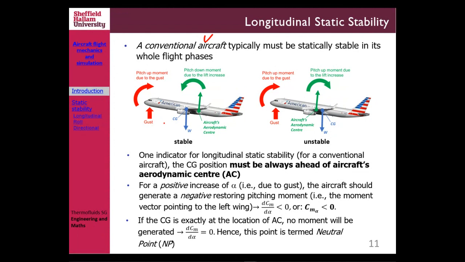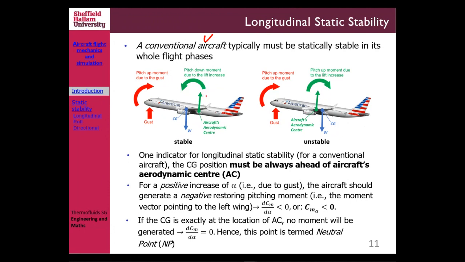Now, if you look at the trim conditions during cruise, and you get a disturbance like a gust, and a pitch up moment happens, it depends on where the CG is, where your aircraft weight is, and where the aerodynamic center of your aircraft is. We're talking about the aerodynamic center of the whole aircraft, not only your wing. When it is disturbed by a gust, you have an increased angle of attack, as we understood before.